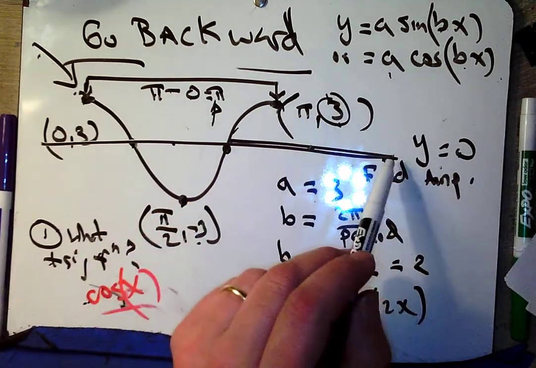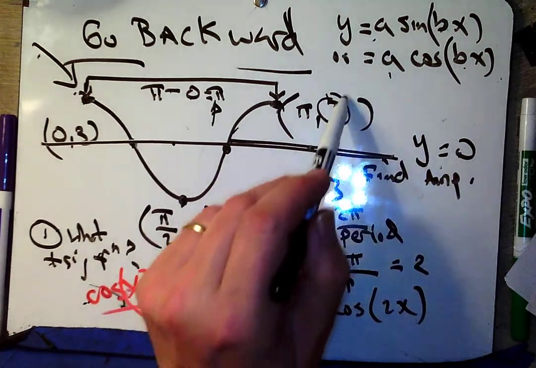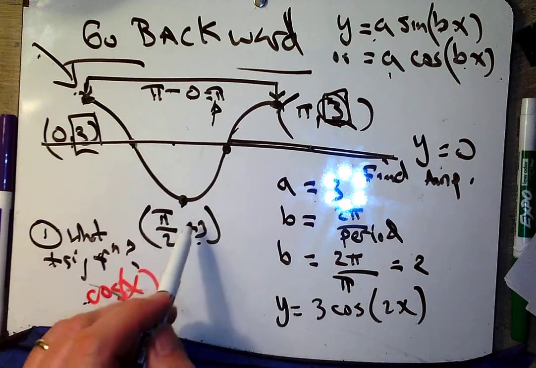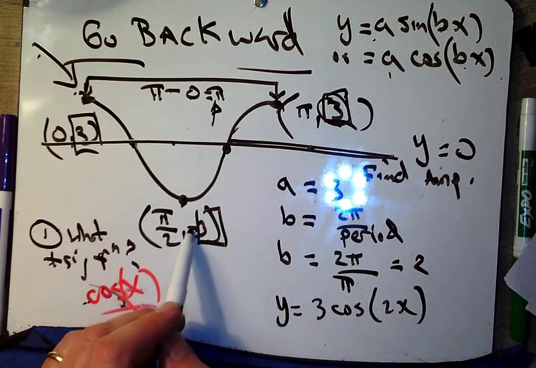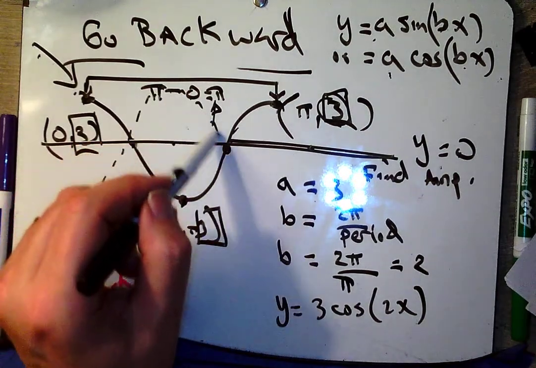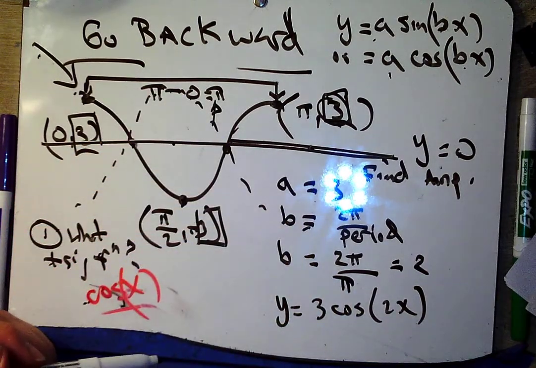I think what I'm going to say is, since we only have a values today, this number is my amplitude. See, I didn't include the minus. Because my graph didn't start low, go up and back down again.